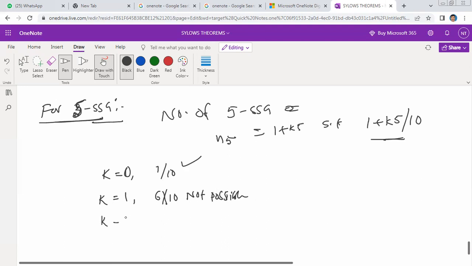K is equal to 2: 5 times 2 is already crossed. This is 11, which doesn't divide 10. Not possible. Similarly, K is equal to 3, 4, 5 are not possible.